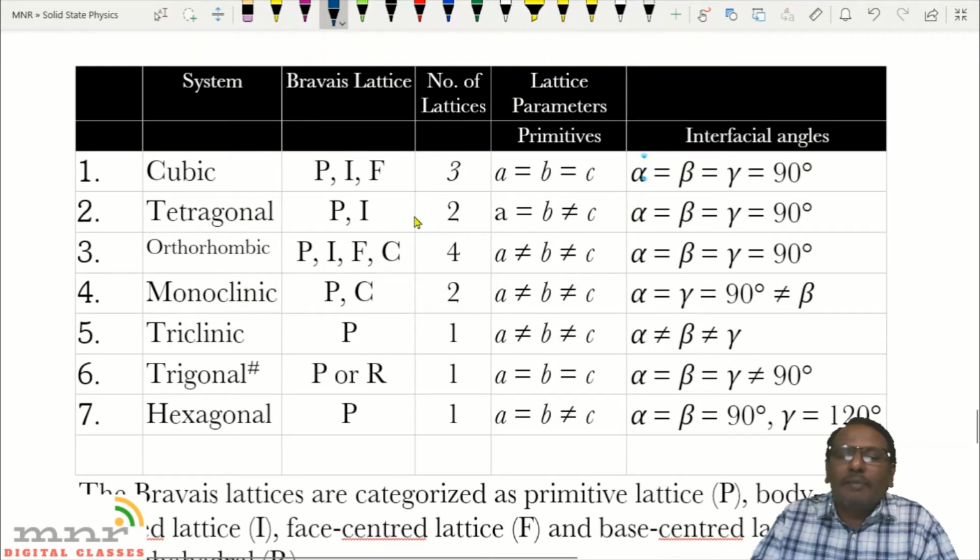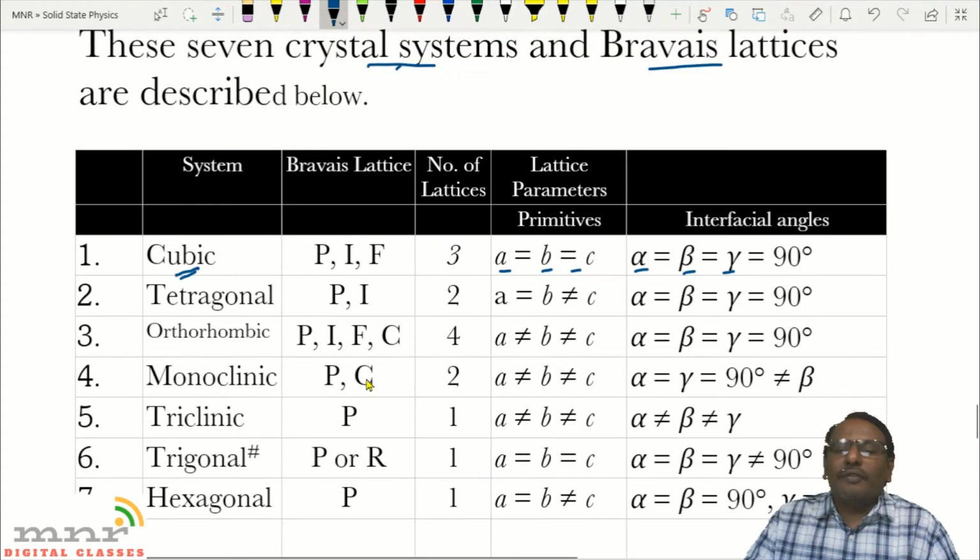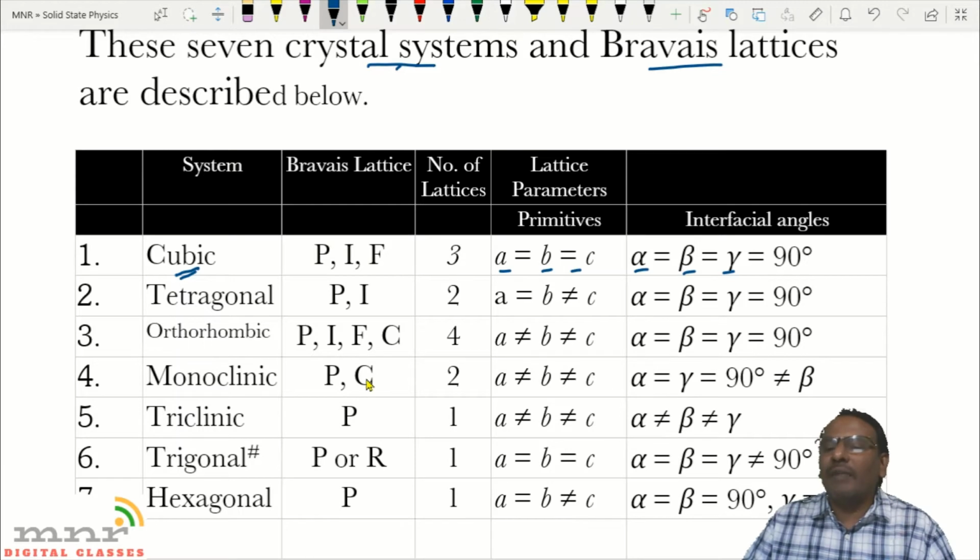The first type is the cubic crystal. We have the lattice parameters a, b, c equal, and the interfacial angles alpha, beta, gamma equal, each equal to 90 degrees.